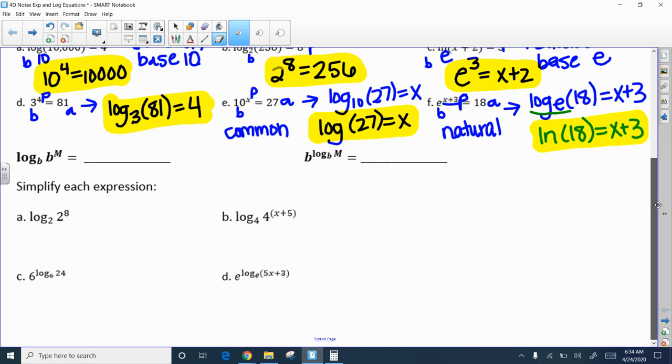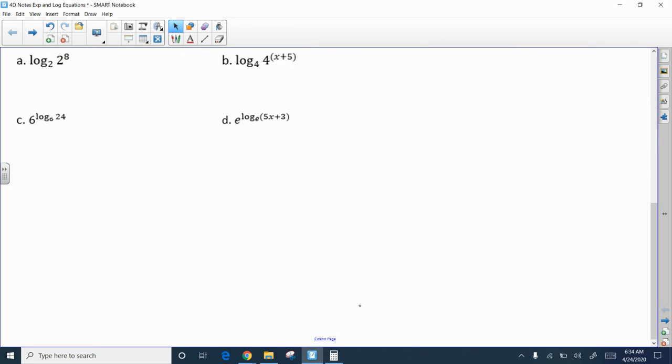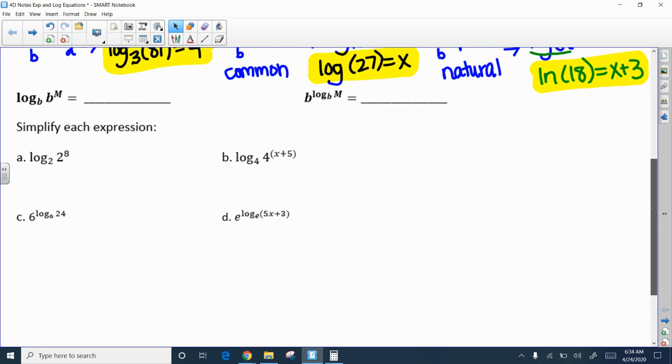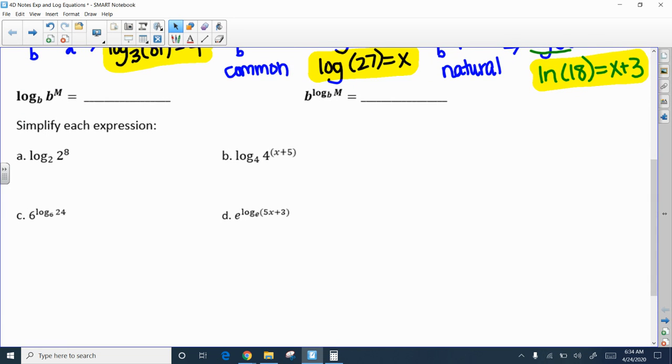The other thing we can use, we also did this, these are using properties of logarithms. I think we did these ones in 4C. These are some of the basic properties. So this one says if we have log base b of b to the m power.